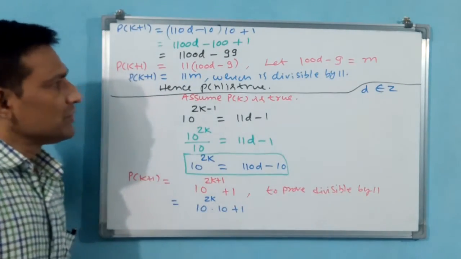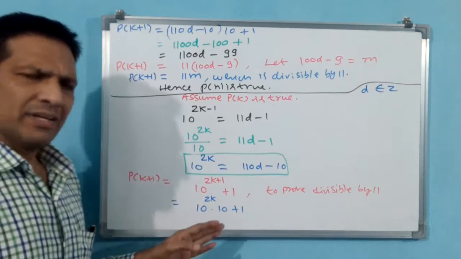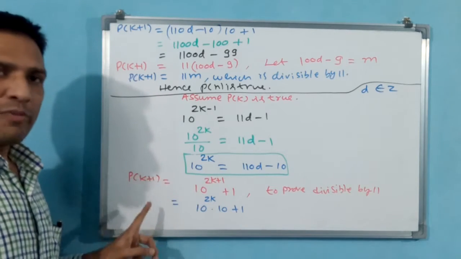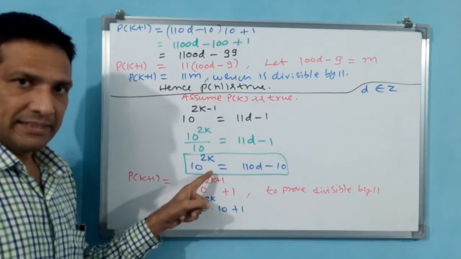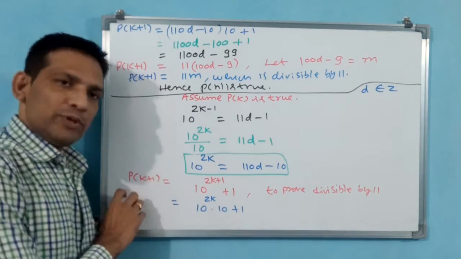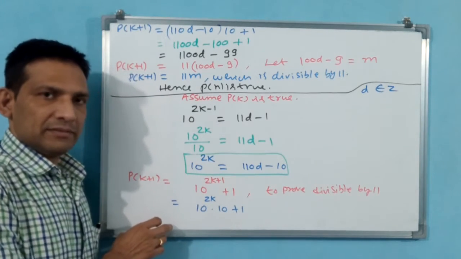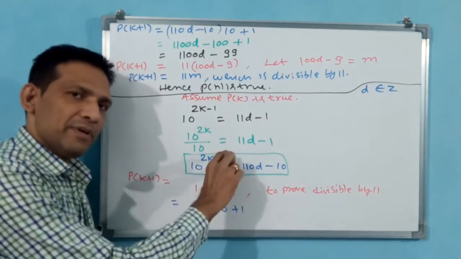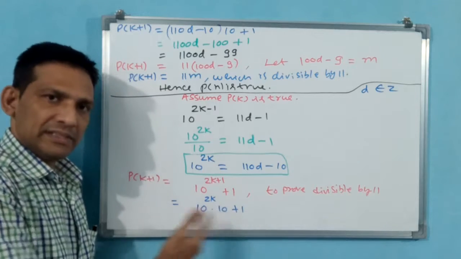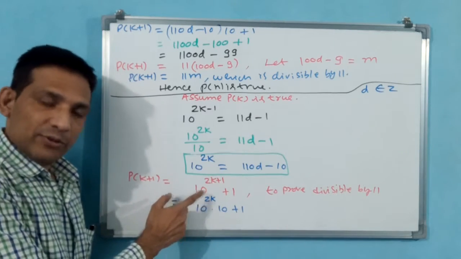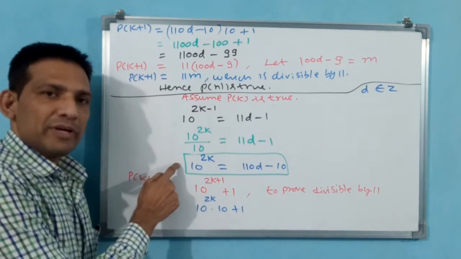You see, here a little bit of confusion you may get. P of k plus 1, P of k, what you have to take? Unless you expand P of k plus 1, you don't know. That is why you write P of k and again in rough you take P of k plus 1. What is coming? This identity you see. Based on that you have to take P of k.